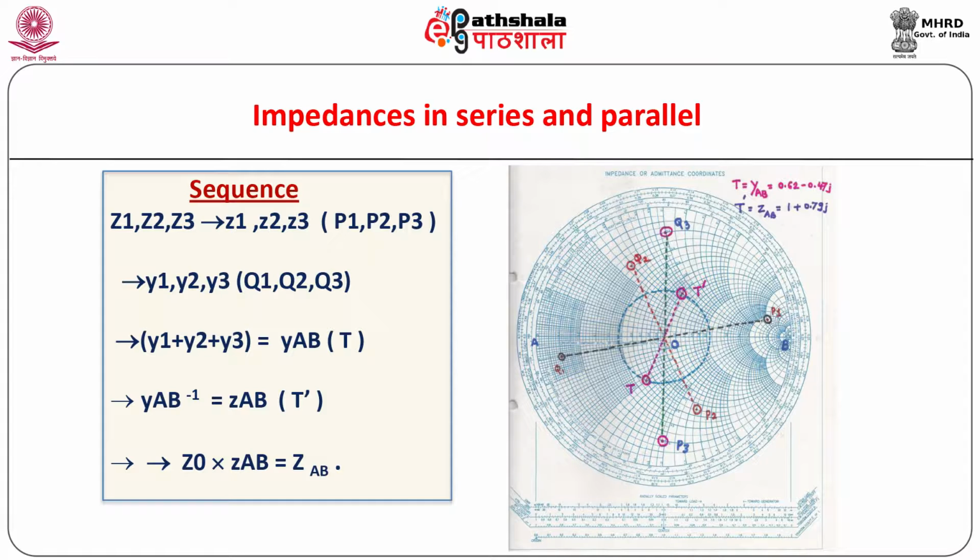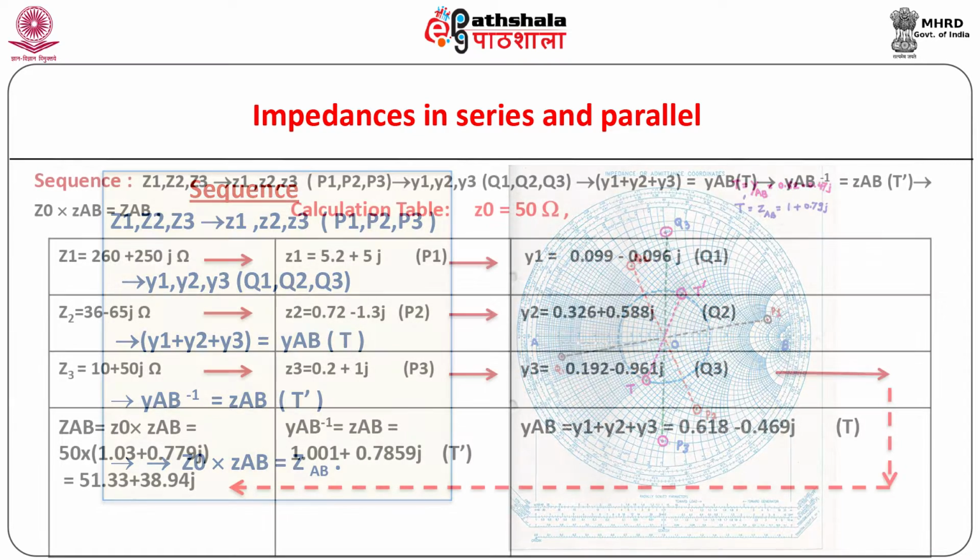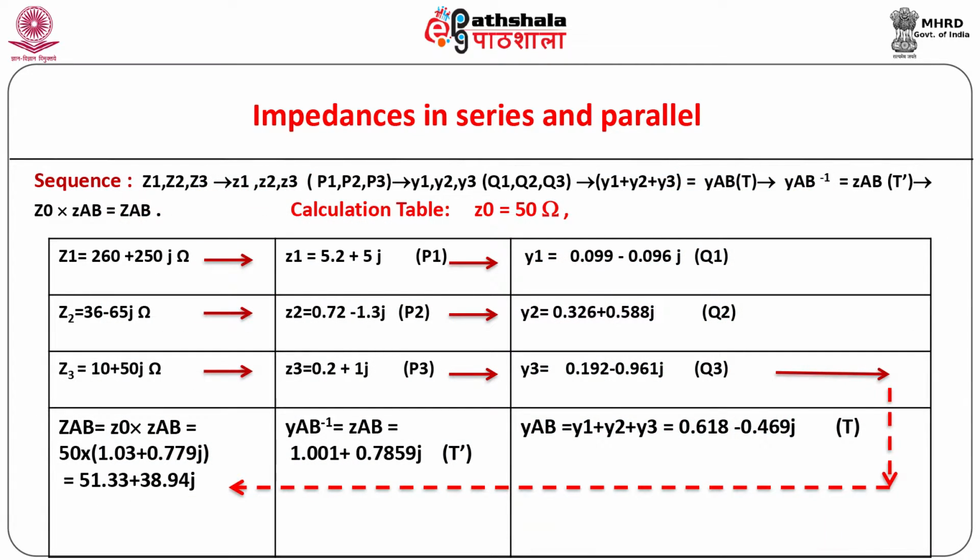The points representing these values are located at diametrically opposite positions on the VSWR circle. Hence, the solution of the given problem using the Smith chart can be found as shown. The sequence and set of calculations will be as shown in the table.